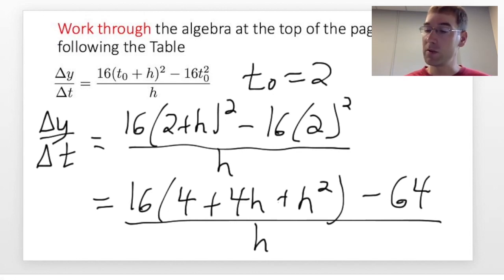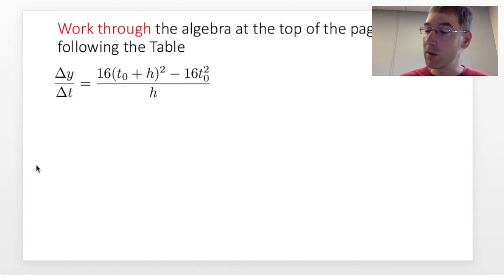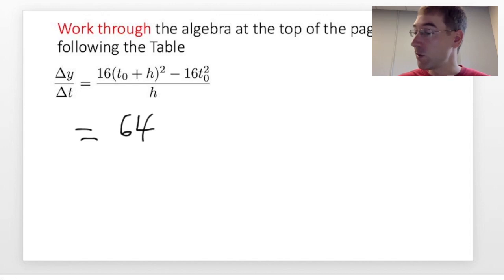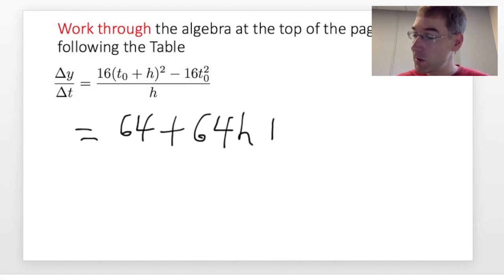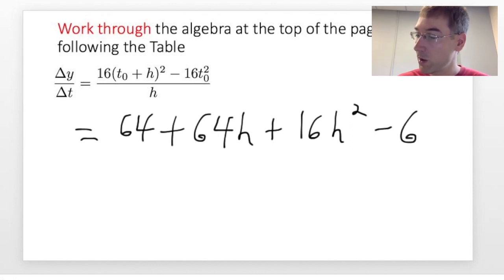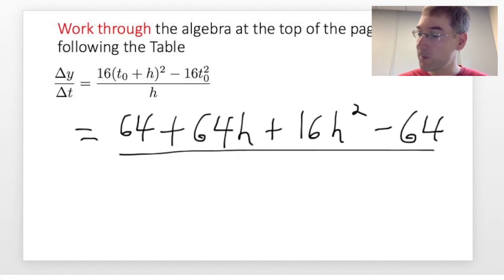Okay, the next step is to distribute this 16. So I will start a new line. We'd have 64, that's 16 times 4, plus 64h, that was the 16 times 4h, plus 16h squared, that was the 16 times h squared, minus 64, all over h.